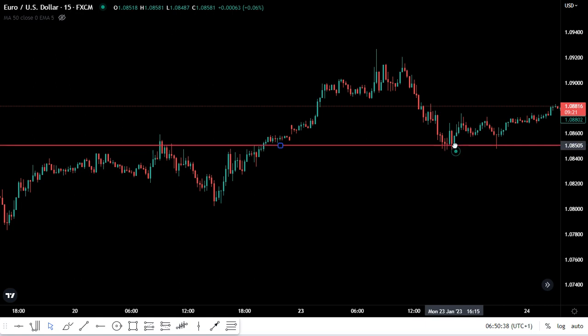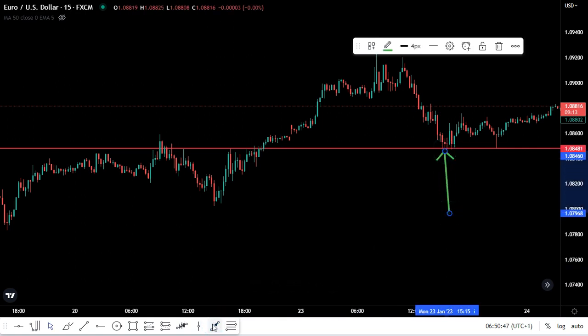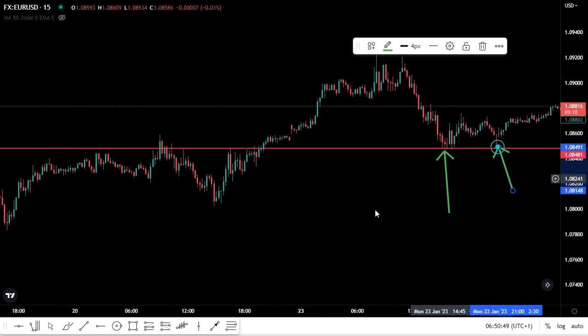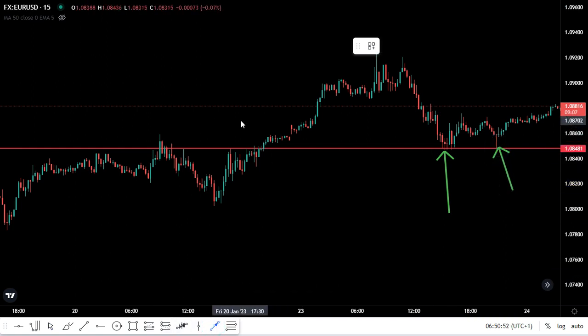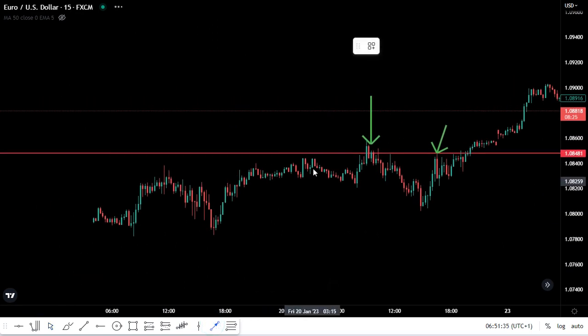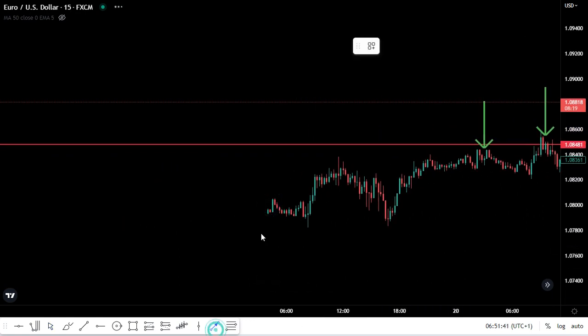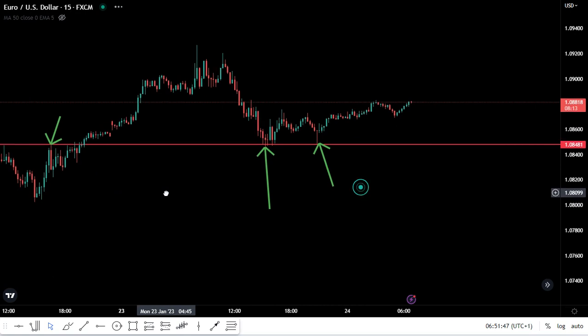This point right here is also a support level. The same line served as resistance right there and here also. If you look closely, it served as resistance here, also resistance here, right? So this is basically on the 15 minutes time frame.